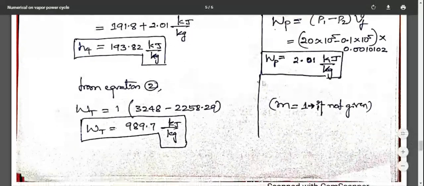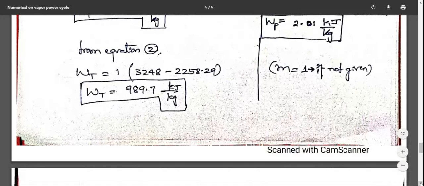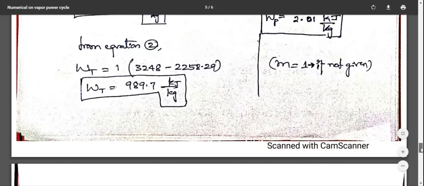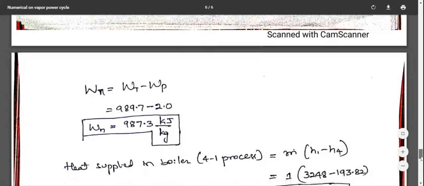For example, you can see here the work done on the pump is 2.01, but the work done by the turbine is 989. There is much difference between these two. If you subtract, 989.7 minus 2 is 987. Even if you add, it doesn't make much difference. So that is the reason you can neglect the pump work whenever he says. But here specifically he has asked, do not neglect.